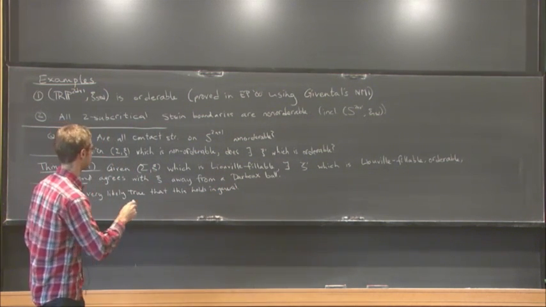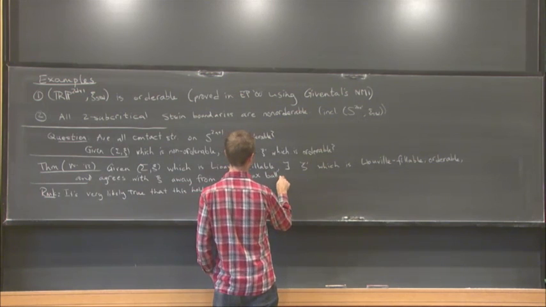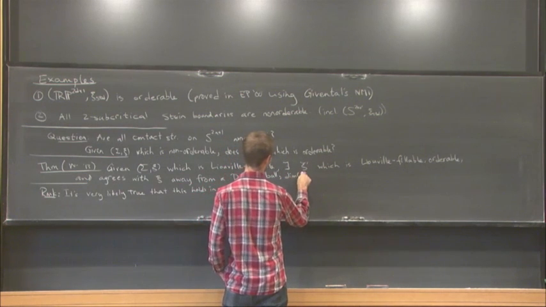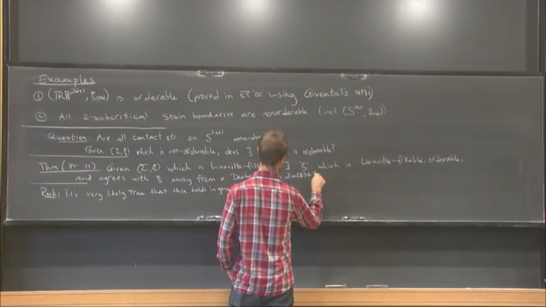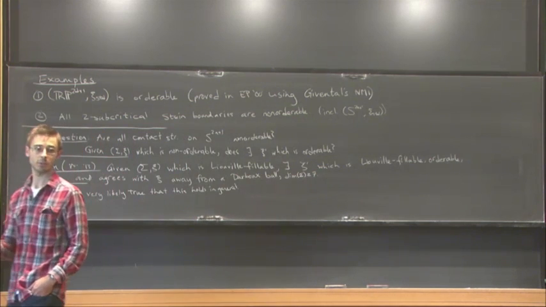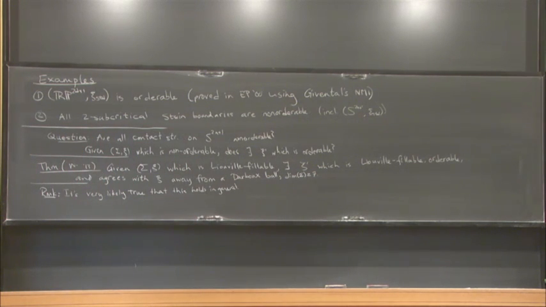And I also forgot, I have to assume that the dimension of sigma is at least 7 for this to work. But I think it's very likely that this holds true in general, that you can destroy non-orderability locally, but my method of proof doesn't work for the general case.